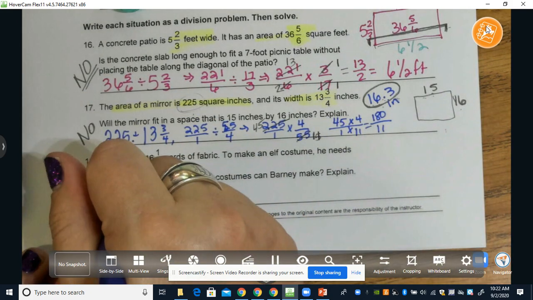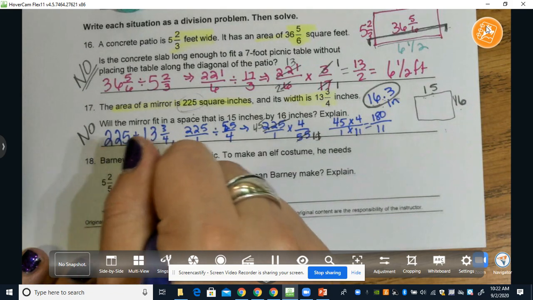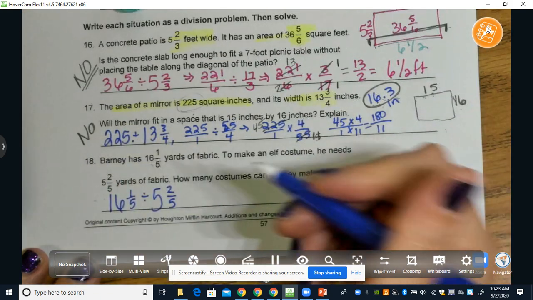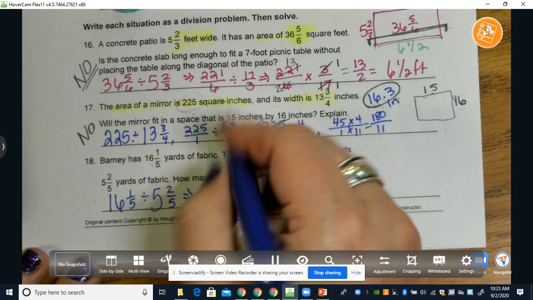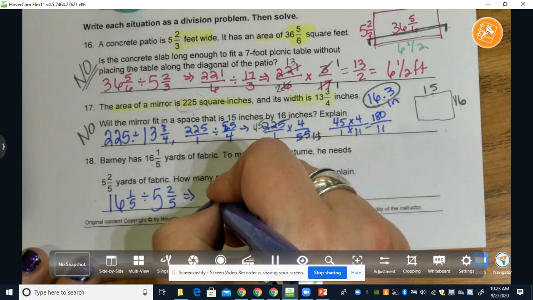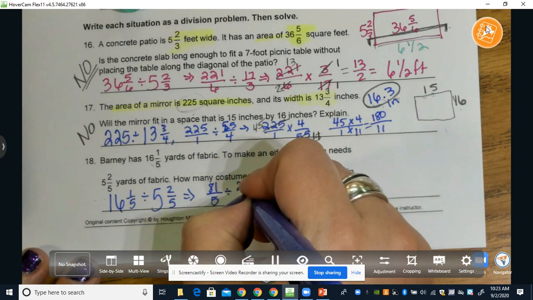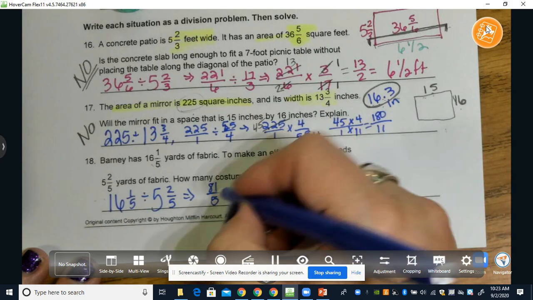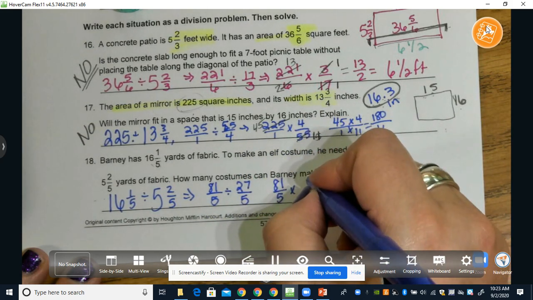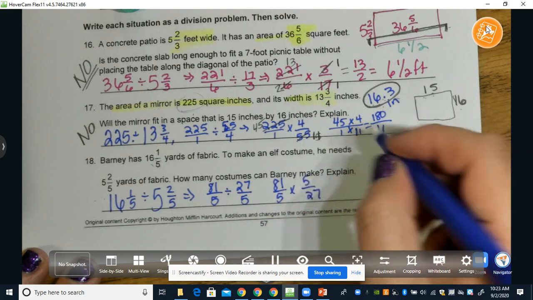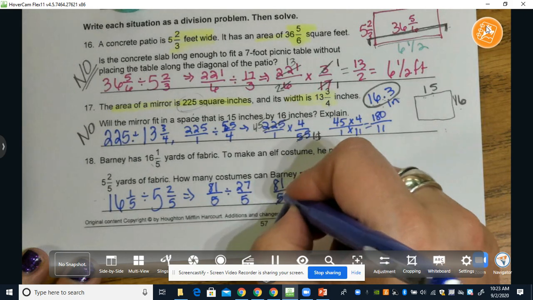Okay, so we have the 16 1/5 divided by 5 2/5. So 16 times 5 is 80 plus 1 is 81 over 5 divided by 27 over 5. So keep the first the same, multiply by the reciprocal. Okay, if you look, both 5 and 5 can simplify into 1 and 1.